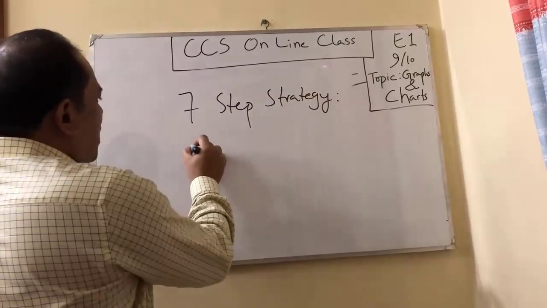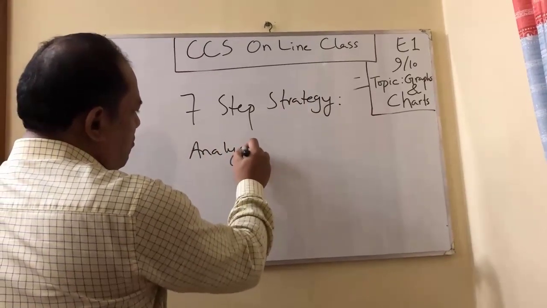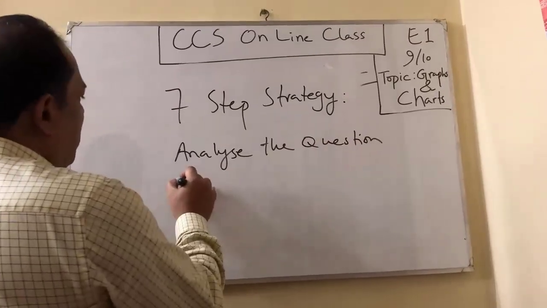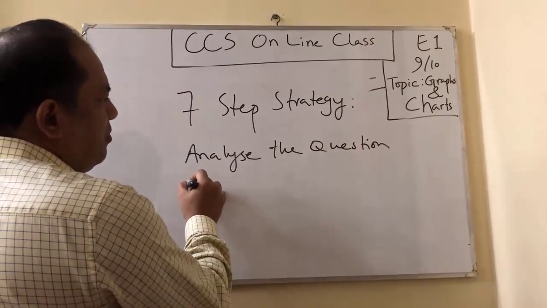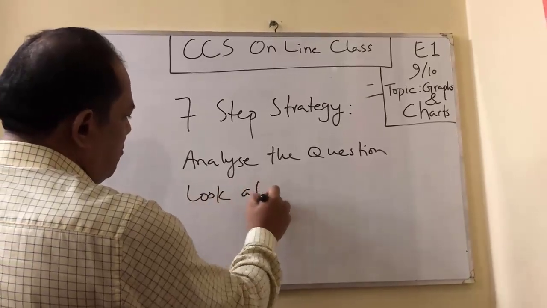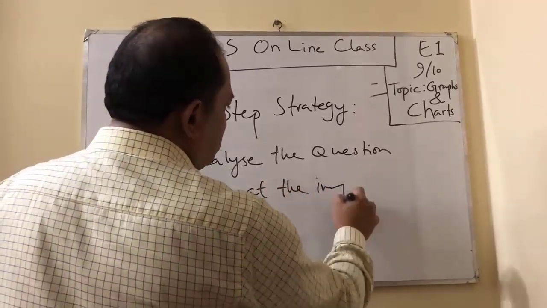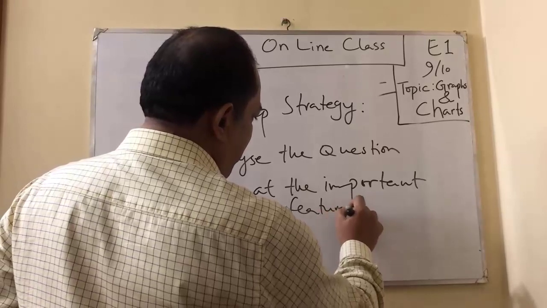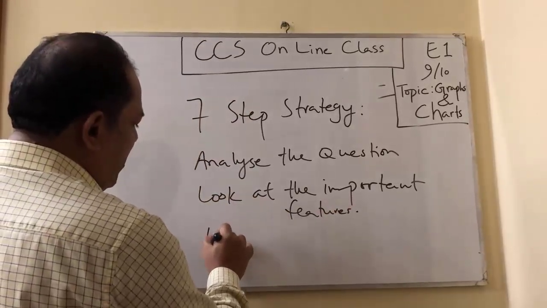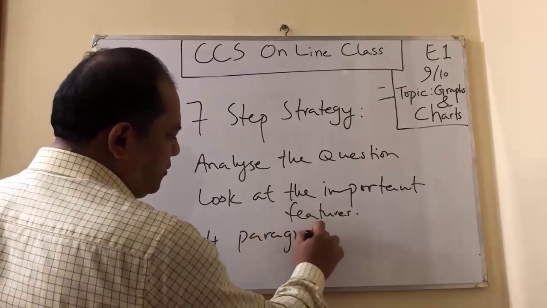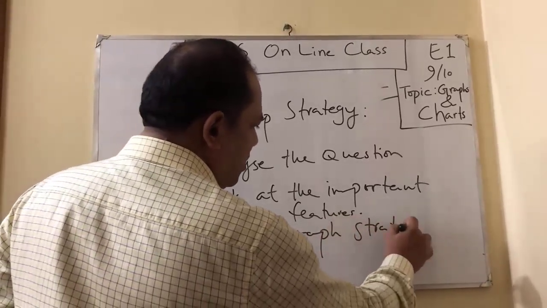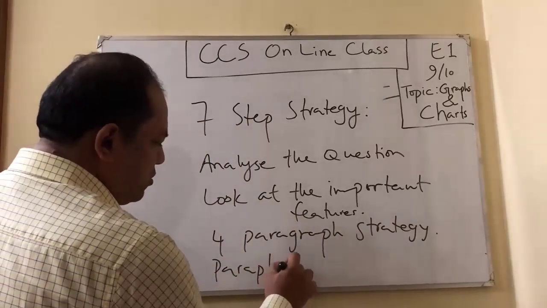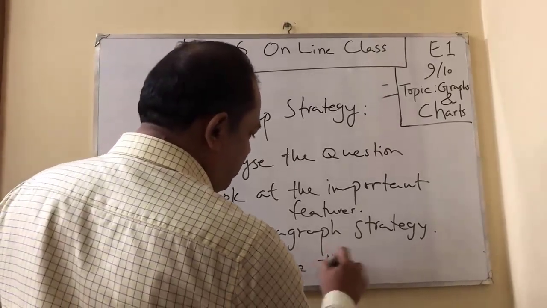What is it? Analyze the question. Look at the important features. Then the 4-paragraph strategy, that means you can write at least 4 paragraphs. Paraphrase: when you start writing, paraphrase the question.